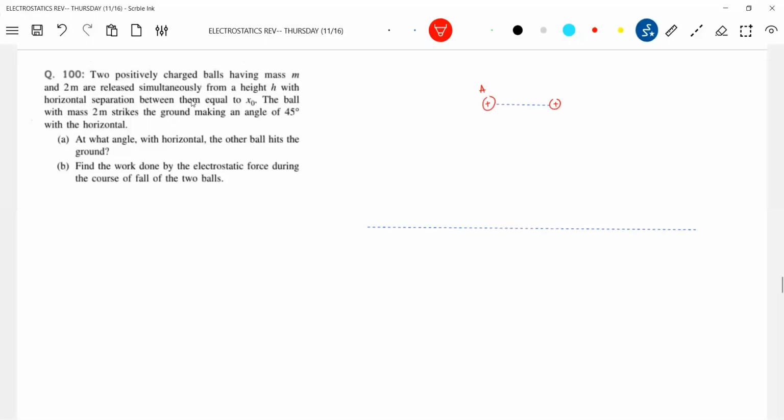Let me call this A, this B. As the masses are equal, we'll take the symmetry bisected. From a height h with horizontal separation, the ball with mass 2m strikes the ground making an angle of 45 degrees. Okay, one is having mass m, let this be 2m.